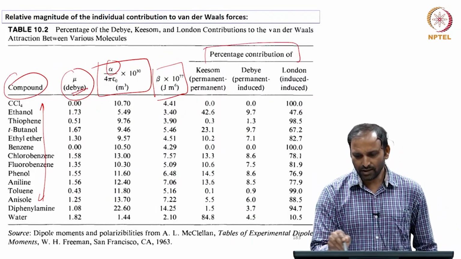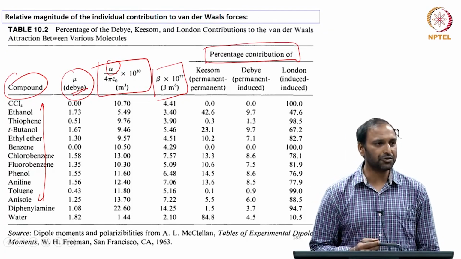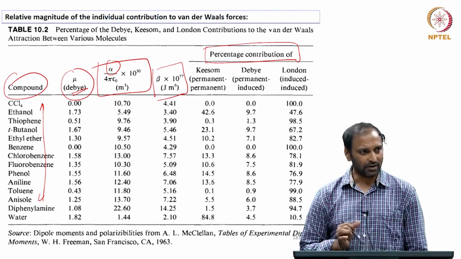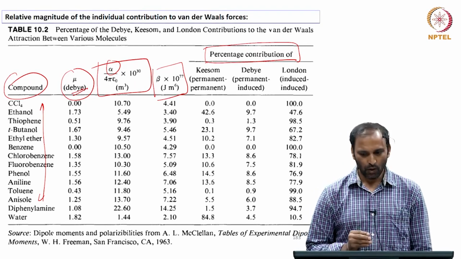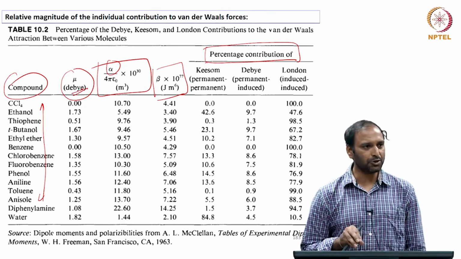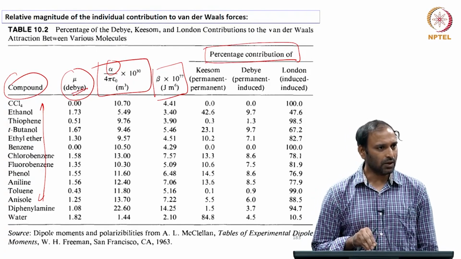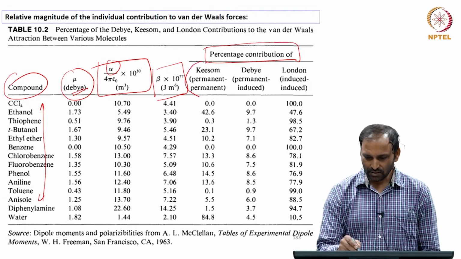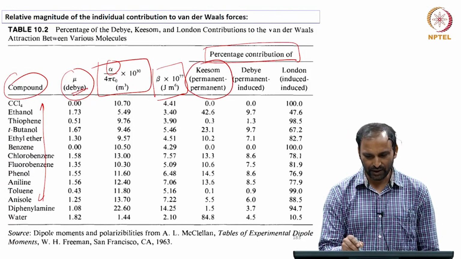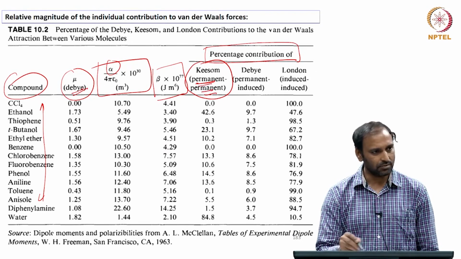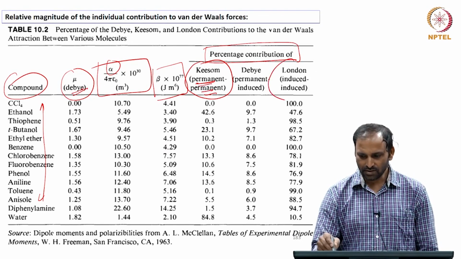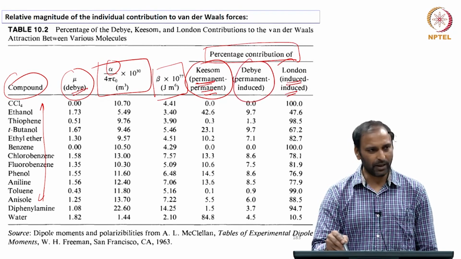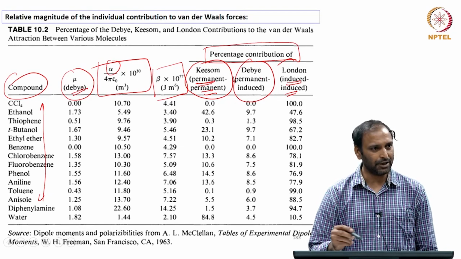And this tells you about the percentage contribution, and we said that there are 3 contributions. What are the individual contributions to the total van der Waals force of interaction? That is the Keesom interaction, between permanent dipoles, that is London, induced dipoles, and Debye, between the permanent and induced.